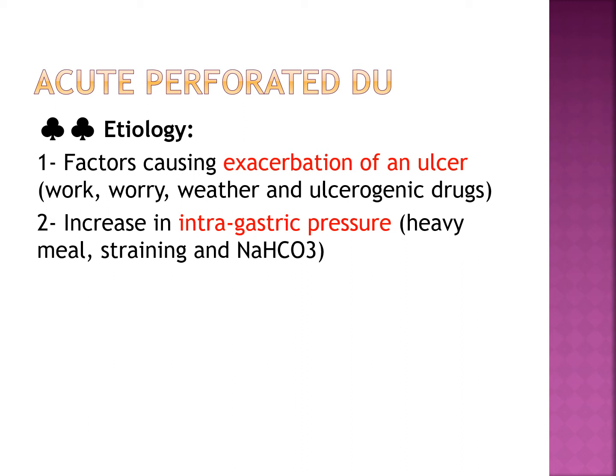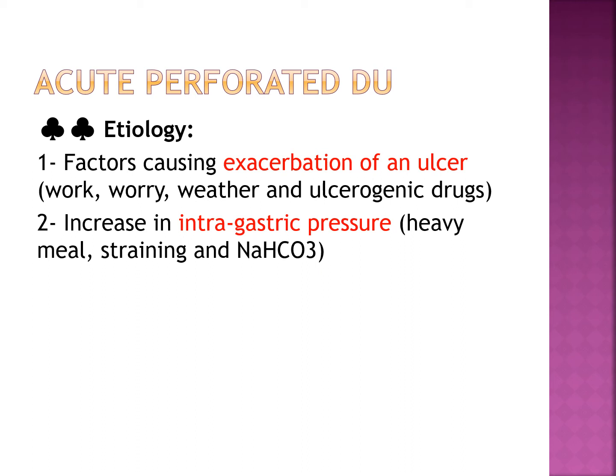When an exacerbation occurs due to many factors, work, worry, change in the weather, the use of ulcerogenic drugs, spicy meals, all of this will increase the intragastric pressure, such as following a heavy meal or straining. This may lead to perforation of an inflamed peptic, duodenal or gastric ulcer.